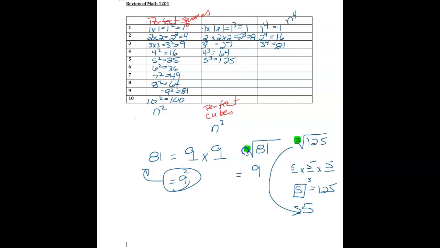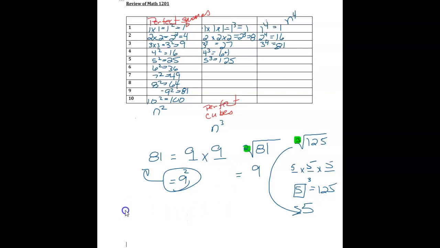So why didn't I write it over here? Well, if you remember from this question, I want to know what number was multiplied twice. So I was looking through the list of perfect squares. If no number is written here on the lip, it's assumed to be 2. So you're expected to know that.